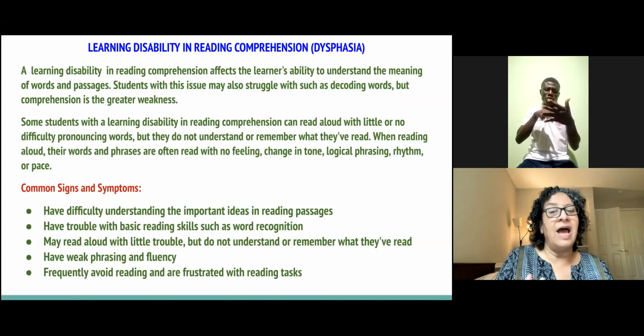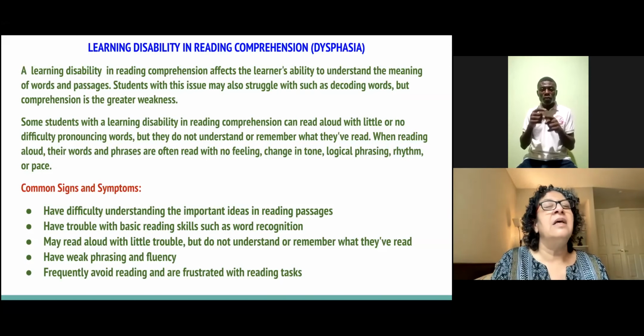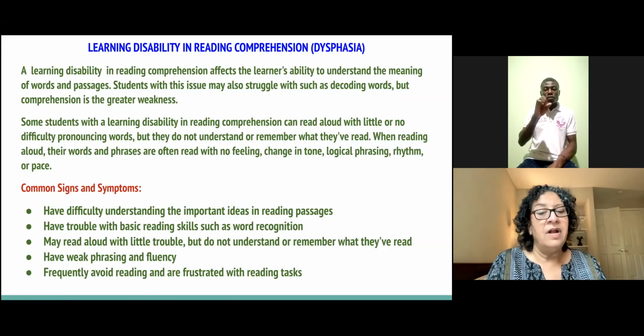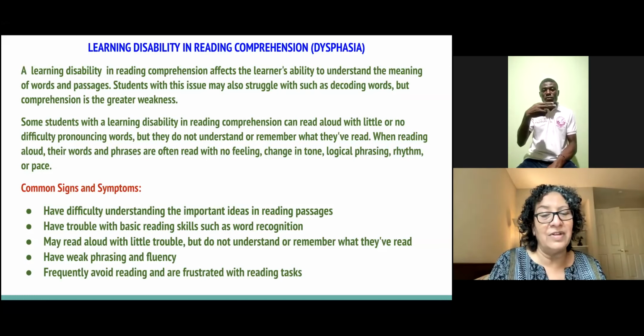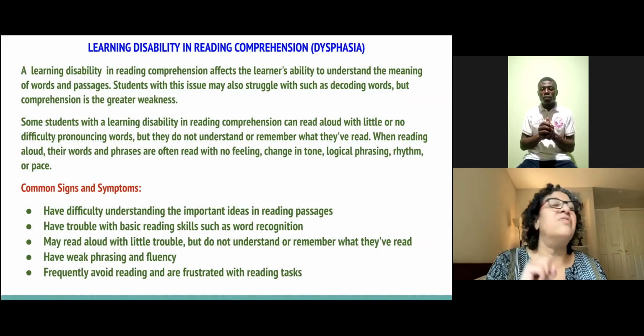So I don't want to go into too much detail on this part because we don't find cases of dysphasia in isolation. The children who struggle with comprehension issues can't find the central idea.